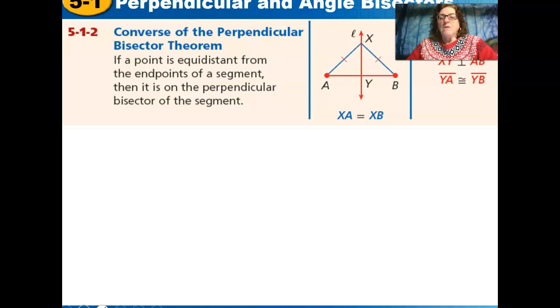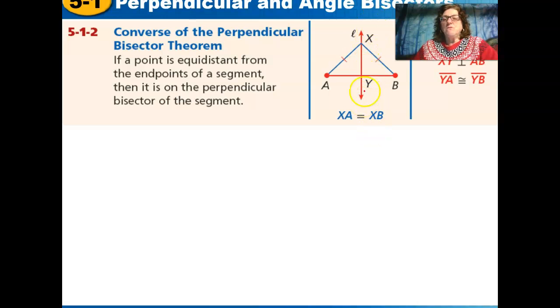Point X is equidistant from A and B. In order to make the determination that XY is indeed the perpendicular bisector, we would have to make sure that it meets both conditions of a perpendicular bisector, that it's perpendicular to AB and that Y is the midpoint of AB. So based upon the given information, we can give line XY one condition.